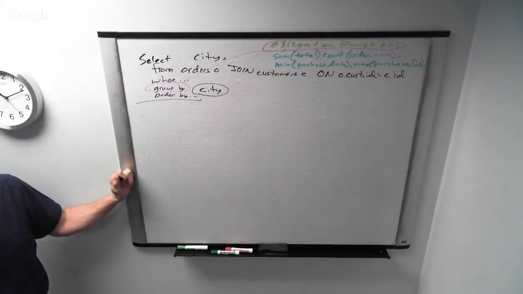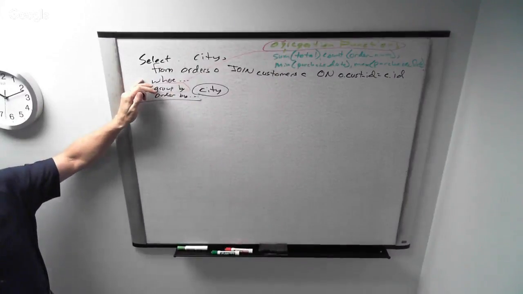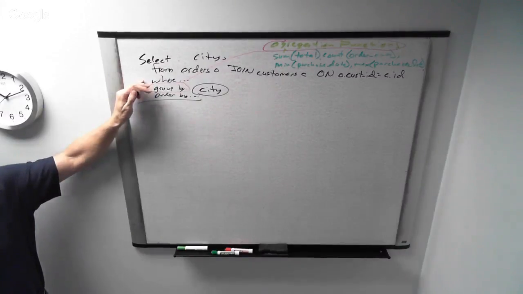Go ahead. When we have a join, do we not have a where? Or can we? When you have a join on, you don't need the where clause. It's optional, but you can still have it. The where will filter the rows.